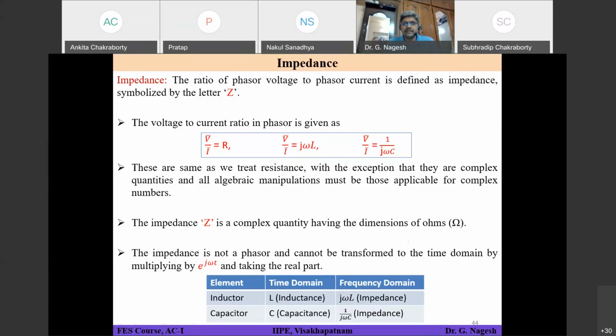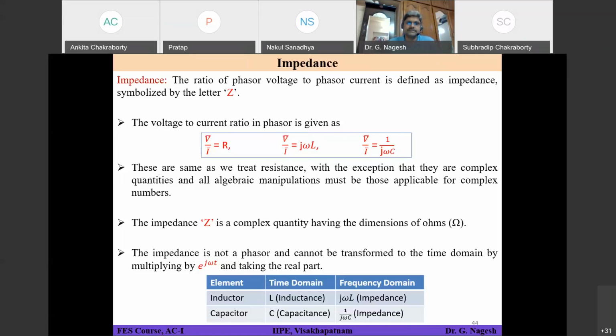So in the last class, we have seen what is called impedance, and impedance is basically a frequency related term. It is not a time domain function, and it is not a phasor also. It's just a complex number. We have already seen the impedance for resistor, inductor, and capacitor.